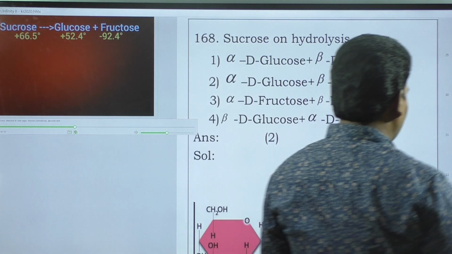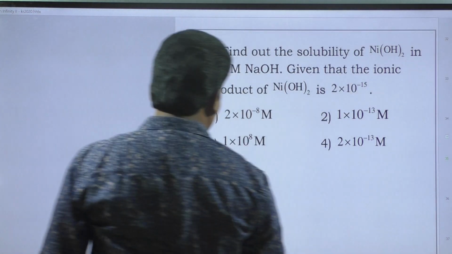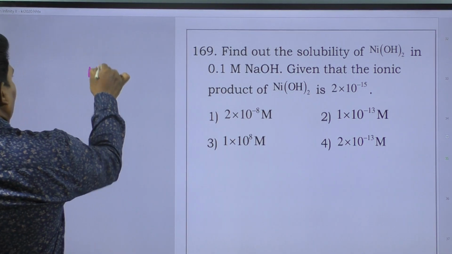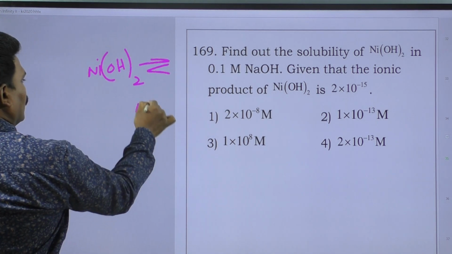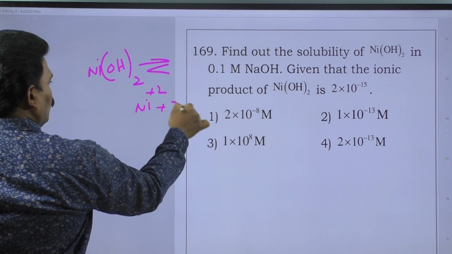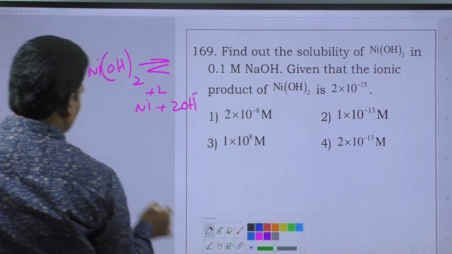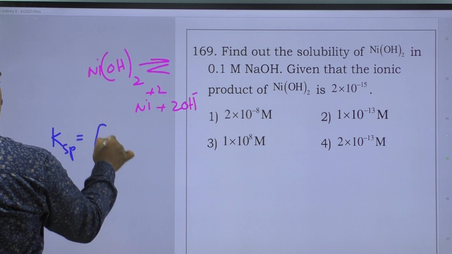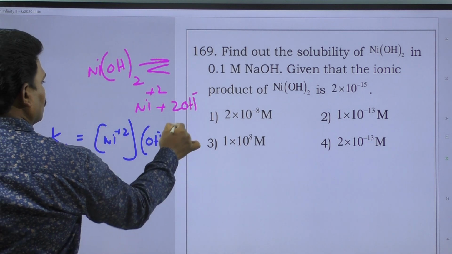Question number 169. Find out the solubility of Ni(OH)2, which dissociates to give Ni2+ plus 2 OH minus. What is the Ksp? Ksp is the product of the molar concentration of the cation and the molar concentration of the anion.